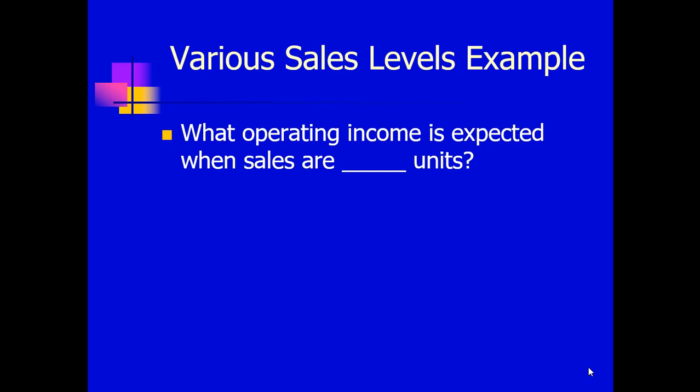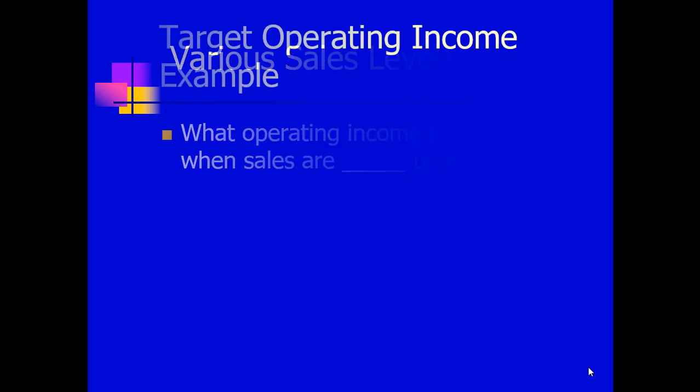So if we were expecting to sell 5,000 units, for instance, we could figure out how much income we expect by taking 100 times 5,000 minus 70 times 5,000 minus $90,000. Remember, those fixed costs are constant, and we could figure out how much our income is expected at that sales level. And we could do that with whatever sales level we wanted to look at. Again, one of the benefits of using that equation approach.